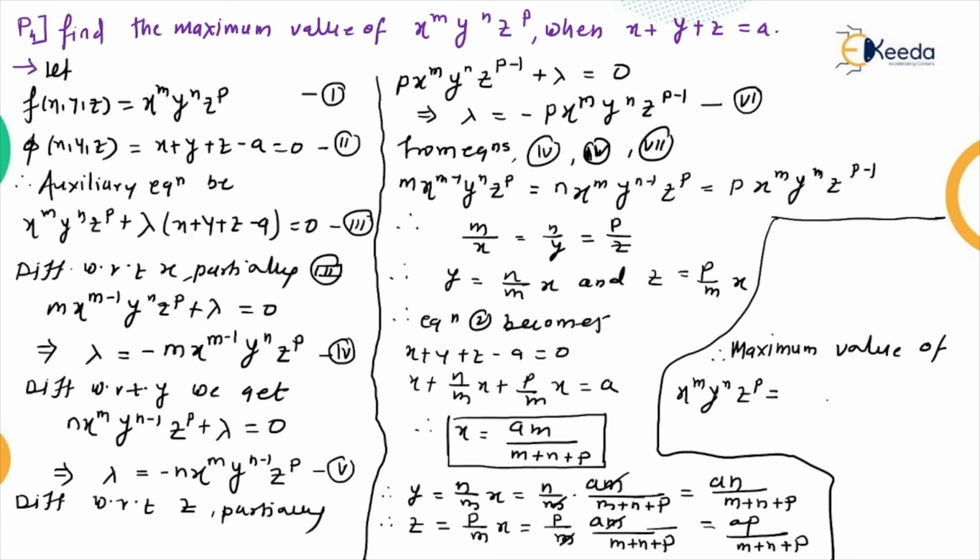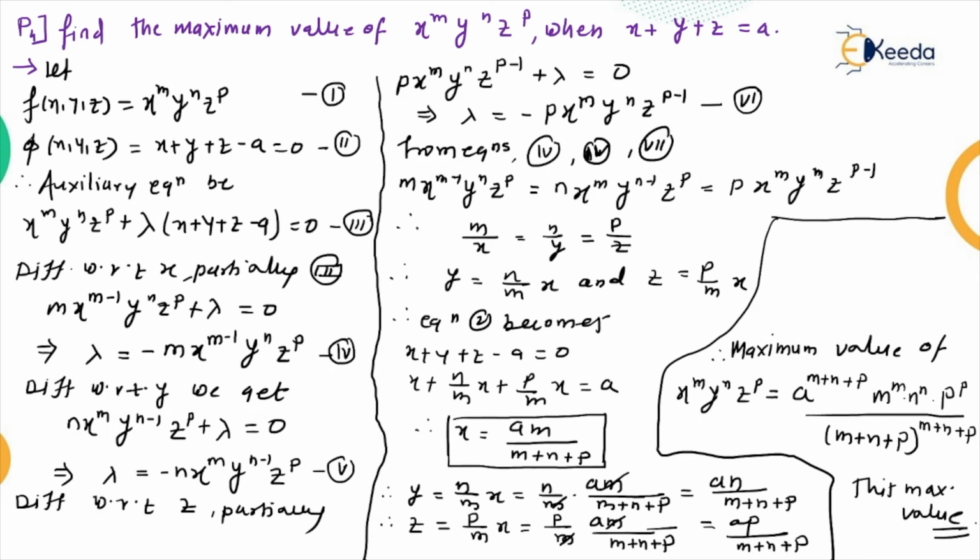That is equal to a raised to m plus n plus p, into m raised to m, n raised to n, p raised to p, divided by m plus n plus p, the whole bracket raised to the power m plus n plus p. This is the maximum value.